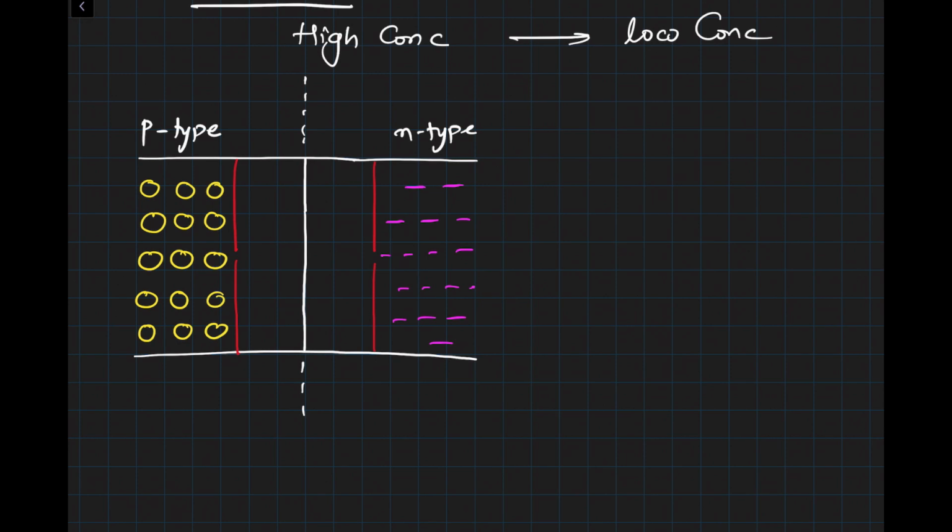Okay, so what we see then is you will see negative charges on this side because the electrons have arrived here, and on the other side, on the N type, since we have lost a few electrons, you will see positive charges.